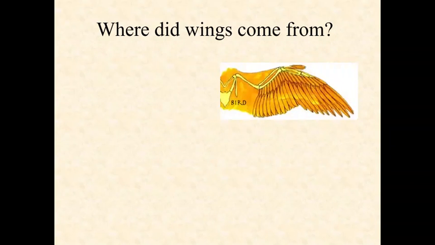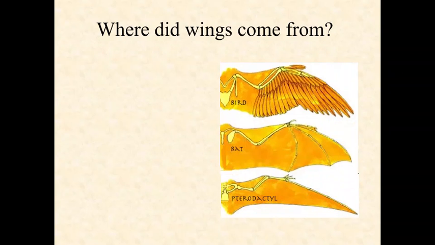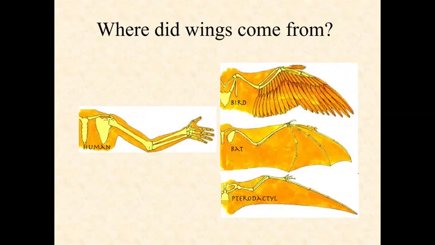Okay, so fairly simple answer then, right? Where did these wings come from? The bird wing, shown here with the bones, the bat wing, and the pterosaur wing all came from a common vertebrate forelimb. And we have a forelimb also. So the human forelimb looks similar in very general terms to all of these, right?